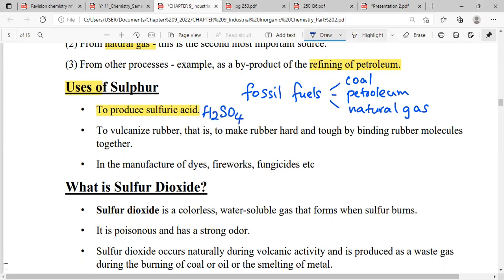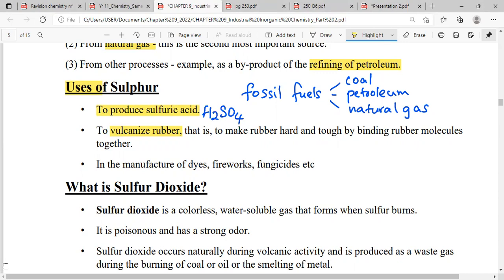Now, sulfur is also used to vulcanize rubber. Rubber is a natural product that is obtained from plants, from the rubber tree. Naturally, rubber is a soft substance. So to make this rubber harder, some sulfur is added to the rubber. This is called vulcanized rubber. You don't have to go into the detail of that chemistry.